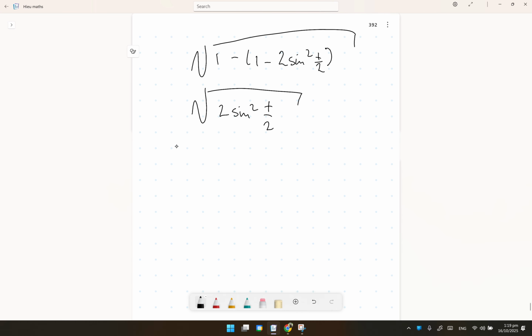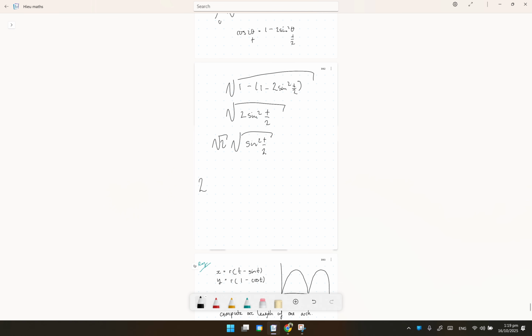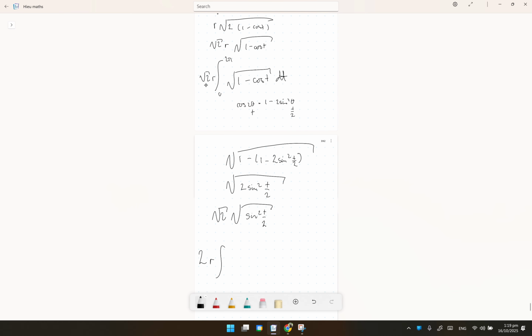So we can get the root 2 out, and that's root 2 multiplied by root of sine squared t over 2. So let's rewrite everything. Now we have 2r, because it was root 2 before, root 2 multiplied by root 2, 2r of 0 to 2 pi, square root of sine squared t over 2 dt.